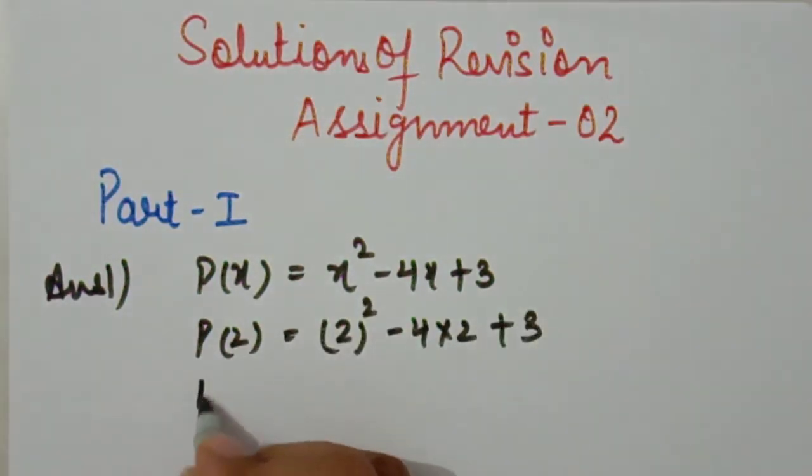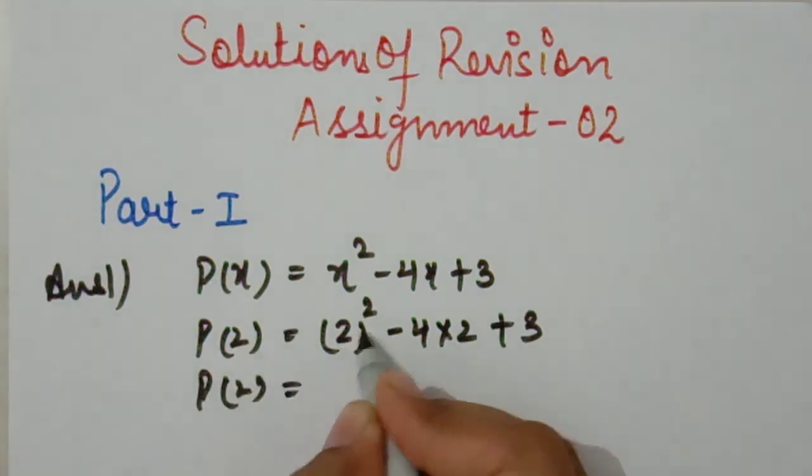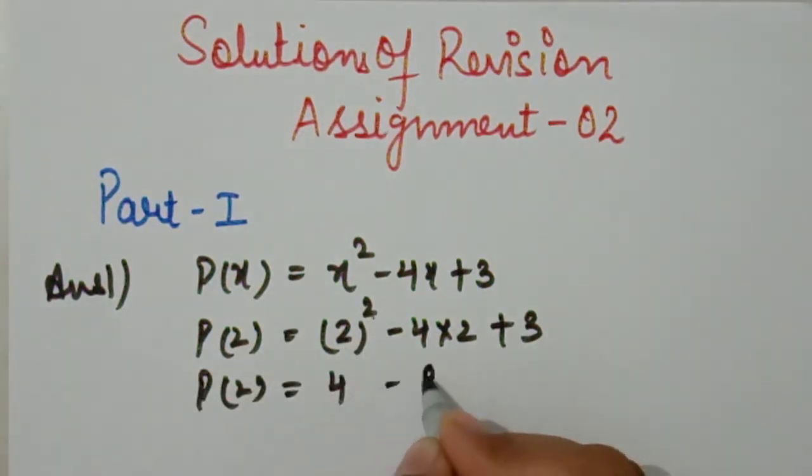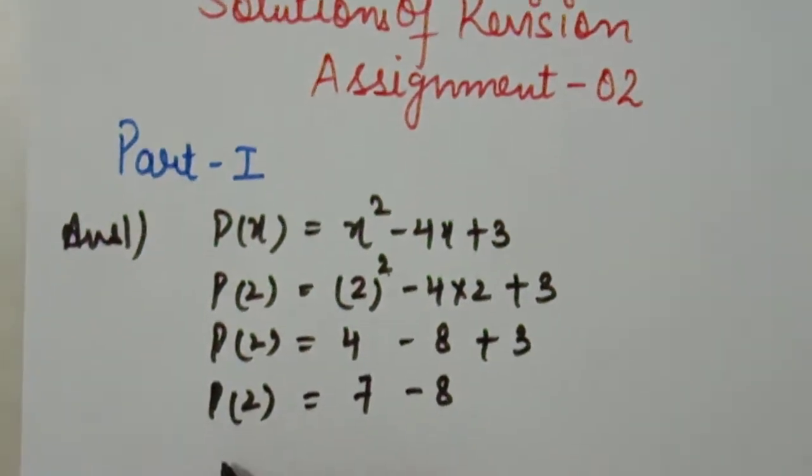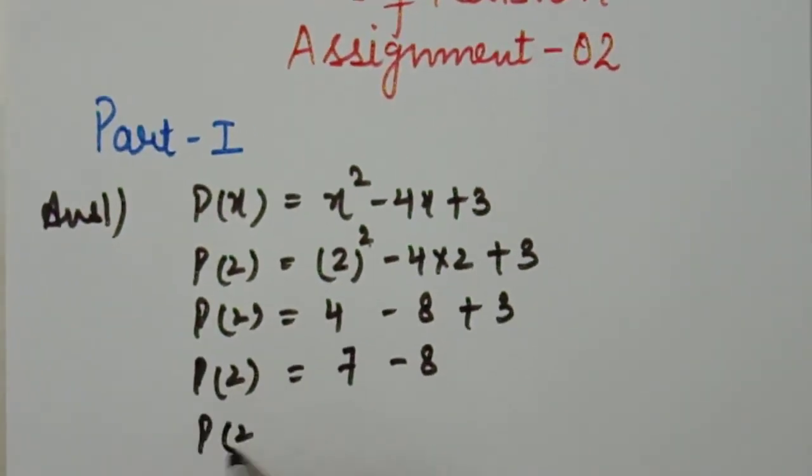Now p(2): 2 square means 4, 4 times 2 is 8, plus 3. Then p(2) is 4 plus 3, 7, minus 8. Then p(2) is equal to minus 1. Now we will find p(-1). We will put minus 1 in the place of x.